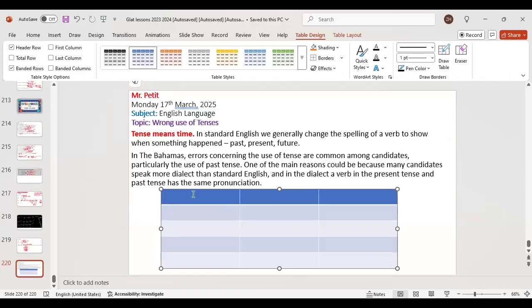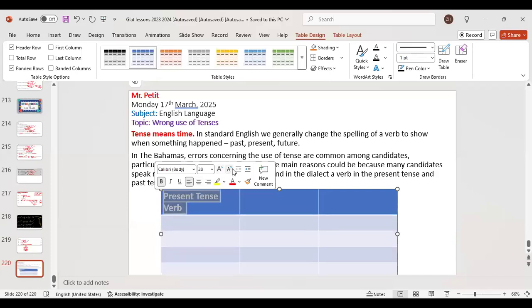So George's chat? Yes, George. So present tense verb. Okay, present tense verb.